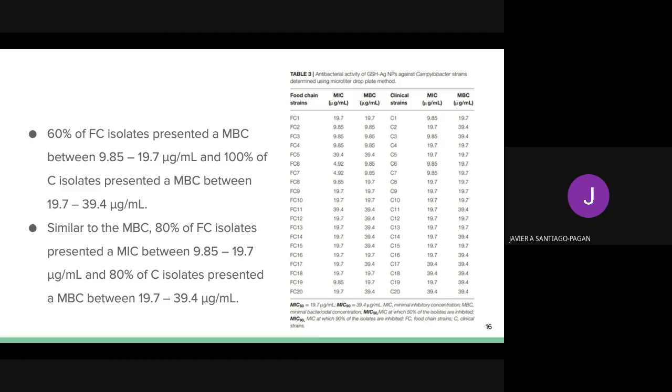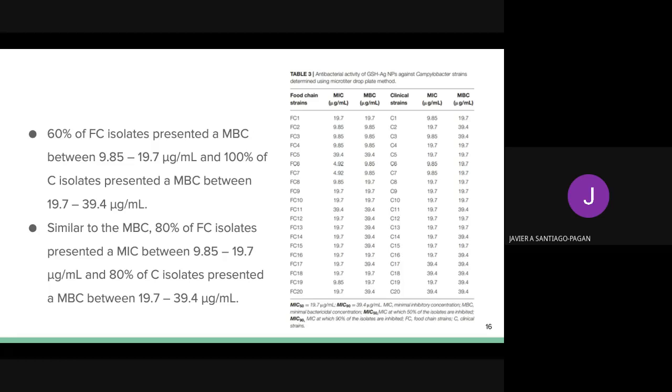Similar to the MBC, 80% of the food chain isolates presented an MIC, that is the minimal inhibitory concentration, between 9.85 and 19.7 micrograms per milliliter, and 80% of clinical isolates presented an MIC between 19.7 and 39.4 micrograms per milliliter.